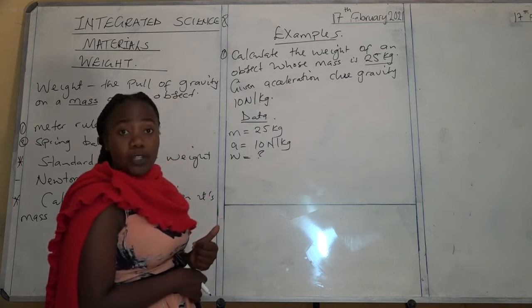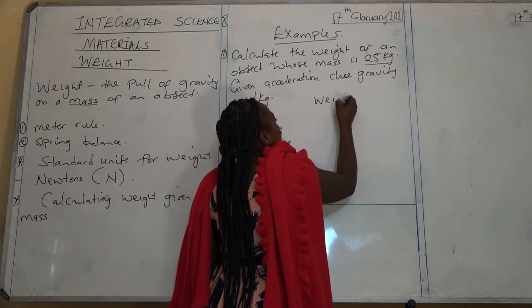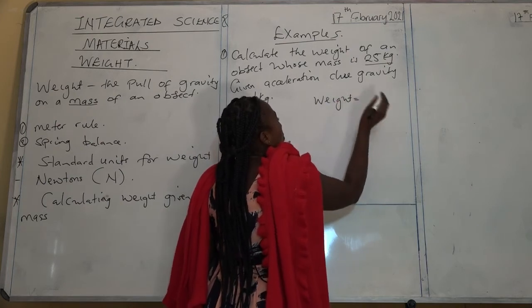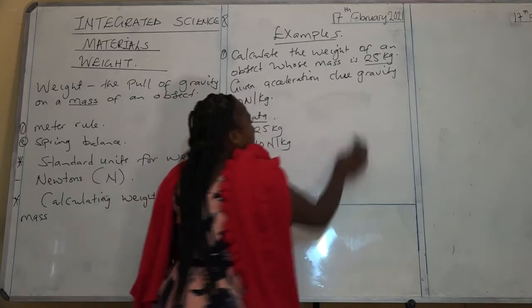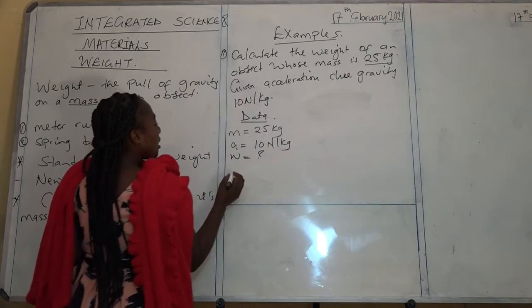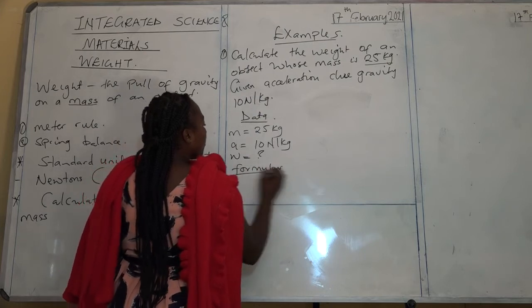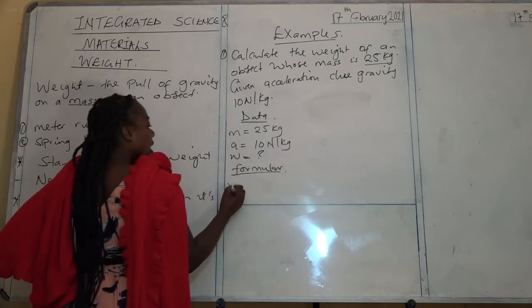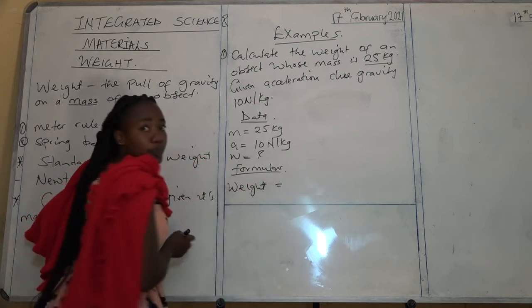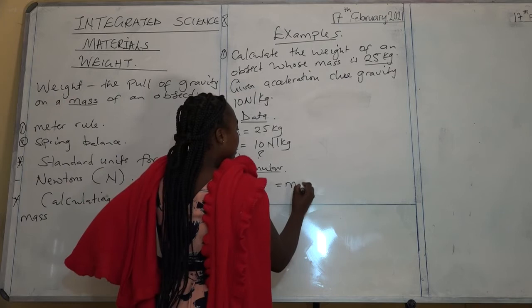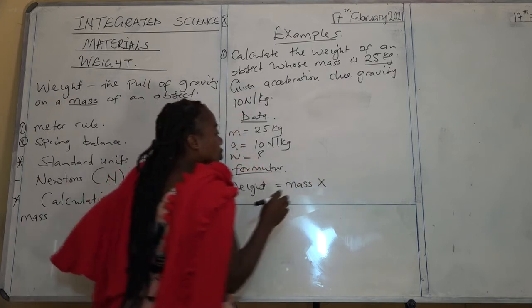The formula to calculate weight is: weight is equal to mass times acceleration due to gravity.